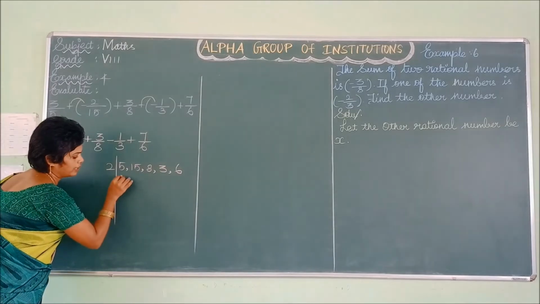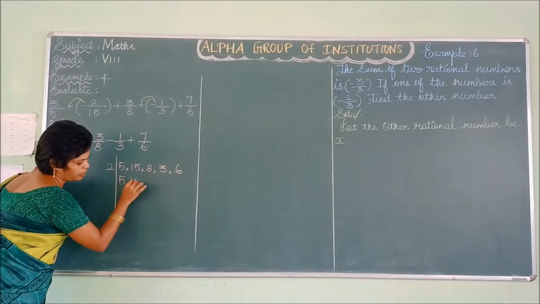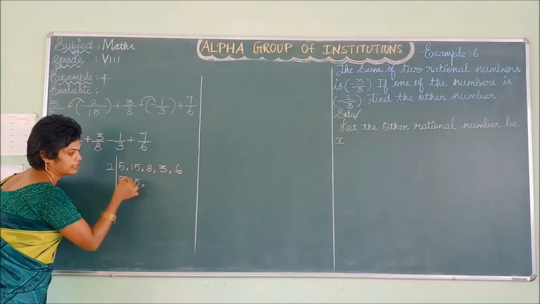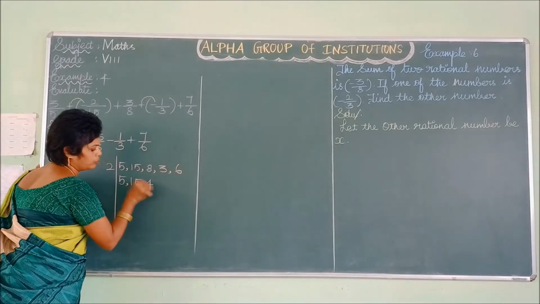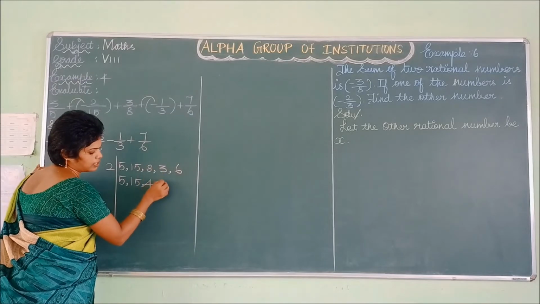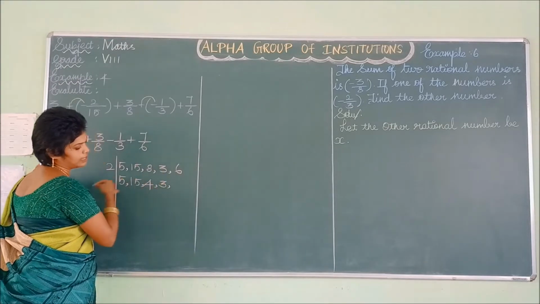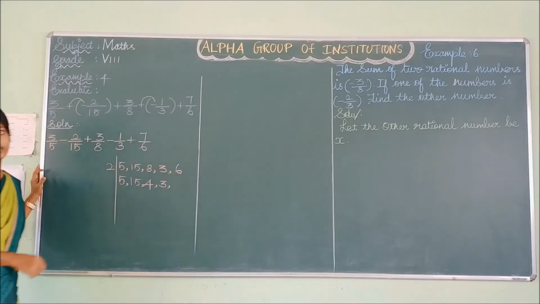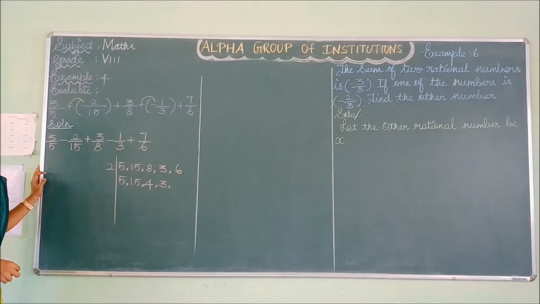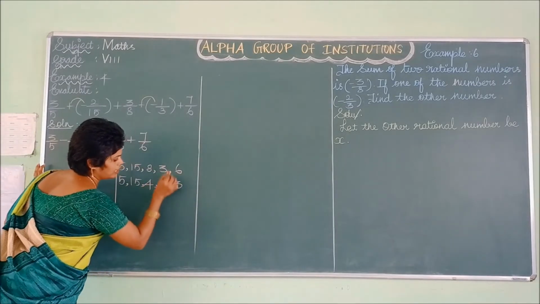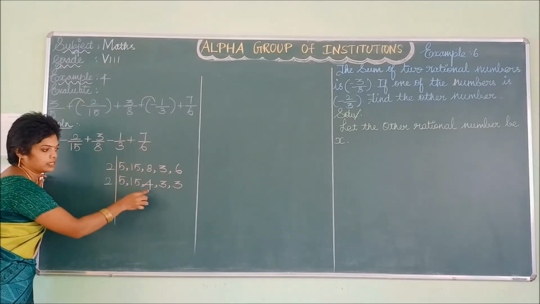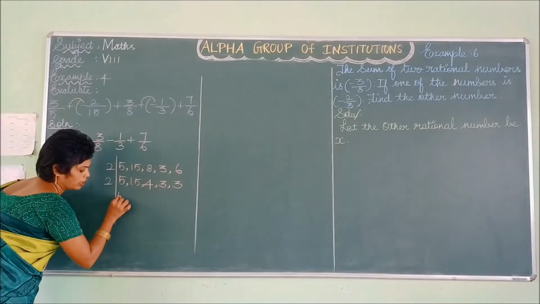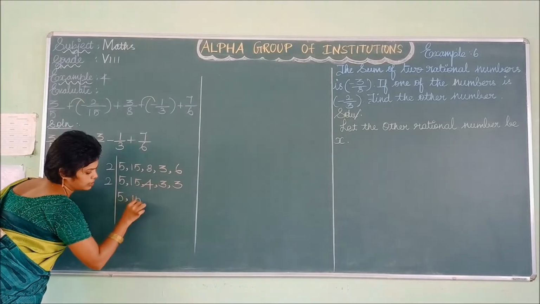No, so write 5 as it is. 15 is also odd, write as it is. 8 is 4 into 2. 3 is odd, keep it as it is. 6 is 3 into 2, so write 3 here. Now we can do another 2 table because 4 comes in the 2 table. Write all other terms as they are.